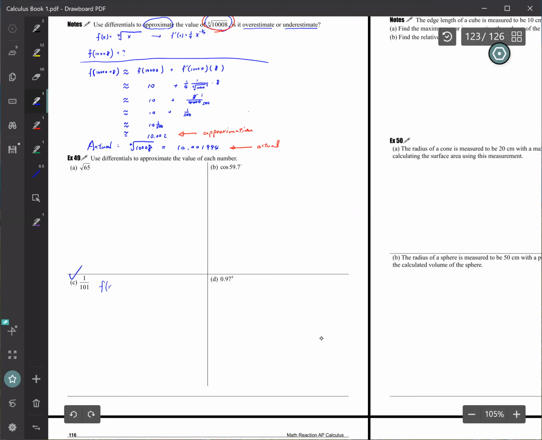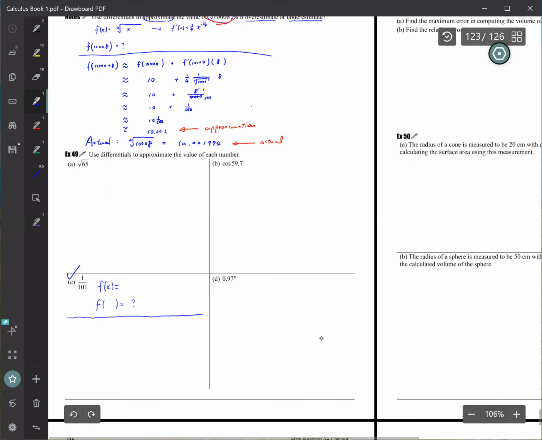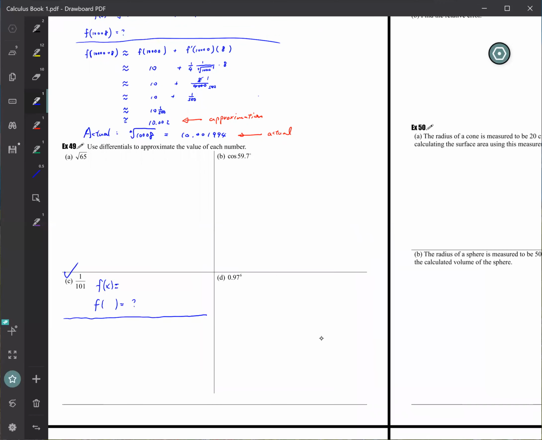First, you got to identify the function and then think about f of what? What's the input that you're looking for, okay? After that, it just step by step follow the formula. Okay, so can you let me know, raise your hand if you got the first two things, right? The function and the f of something.